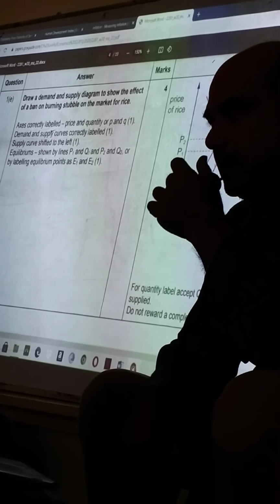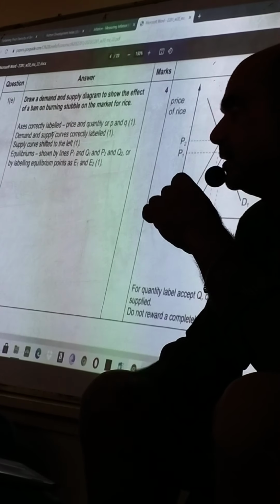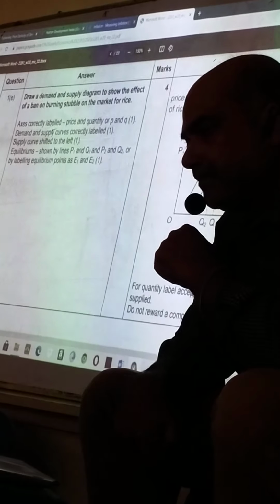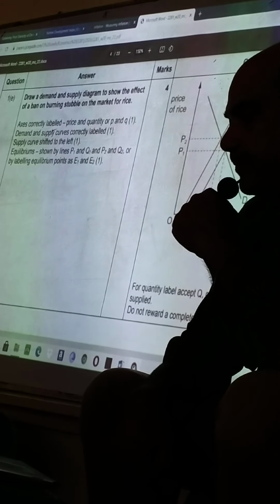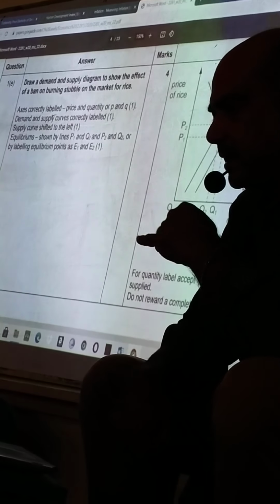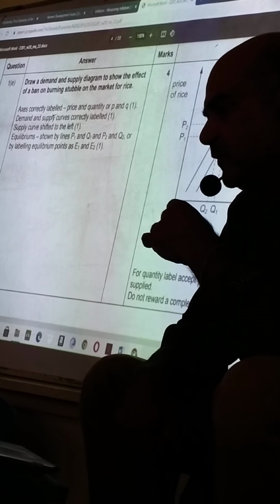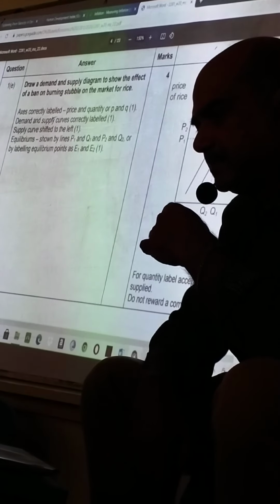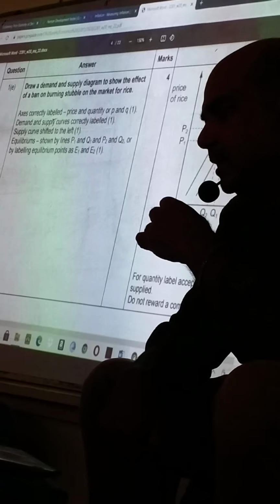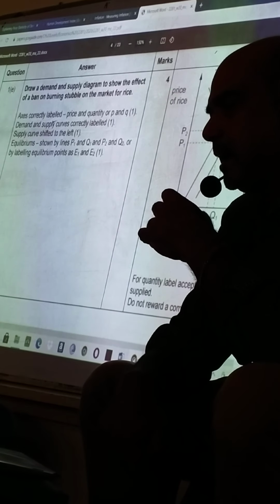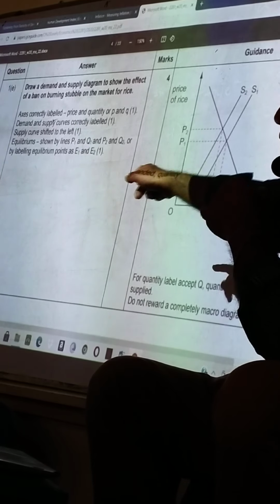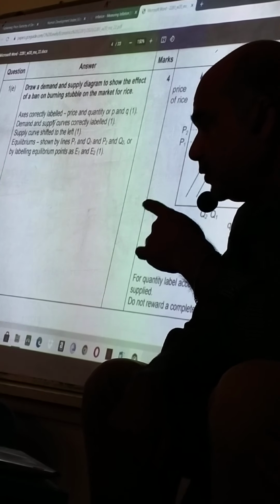X-axis is quantity of rice. Proper labeling. Then the demand and supply curves are correctly labeled. Supply curve shifted to the left, show it by the arrows. Equilibriums are shown by E1 and E2. The P1 and P2, we have to show the arrows. Q1, Q2 also.